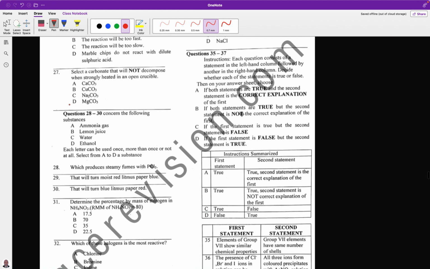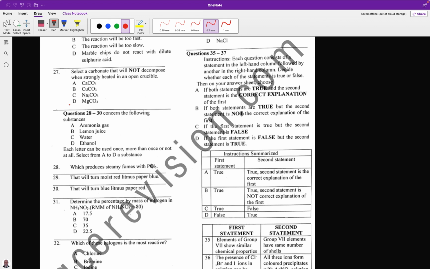Now question number 27. Select a carbonate that will not decompose when strongly heated in an open crucible. There is calcium carbonate, copper carbonate, sodium carbonate, magnesium carbonate. Which of these will not decompose?